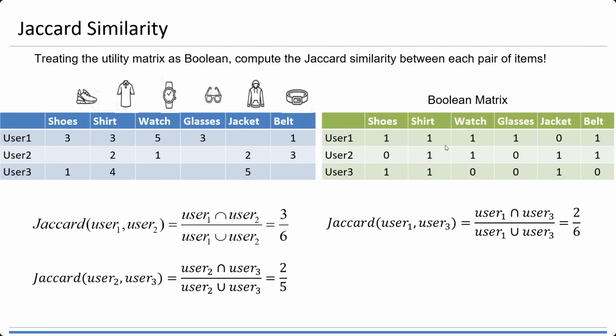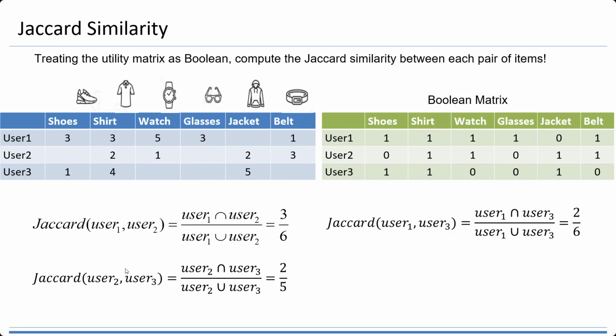The user 2 we also have 1, 2, 3, 4. But if you look at this one, 0 and 1, 0 and 1, 0 and 1. So it means we have 6 data, and 3 of the data are intersection.